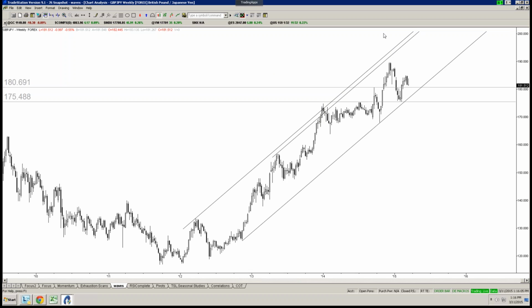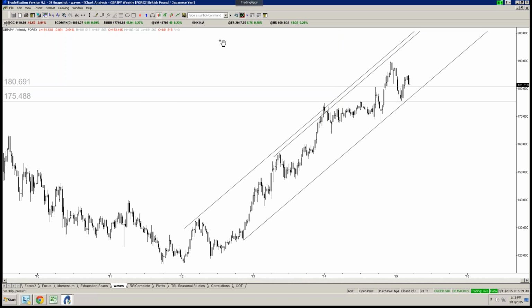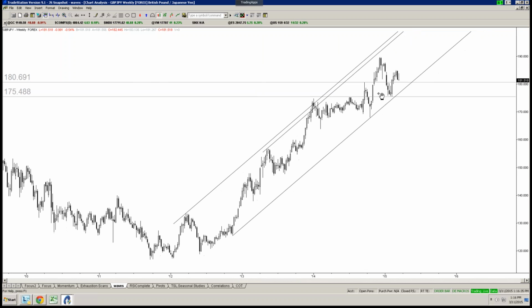See how the high that we made in December, we did not actually make it to the channel resistance. If you think about an oscillator like RSI or momentum, think about divergence, where you have price divergence with the oscillator, where the oscillator is very subdued and price is at a new high.